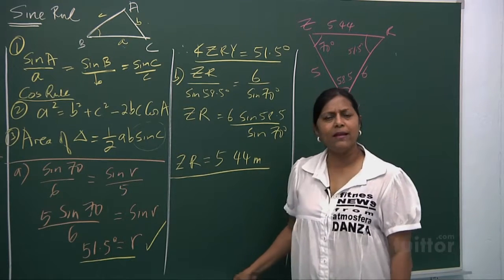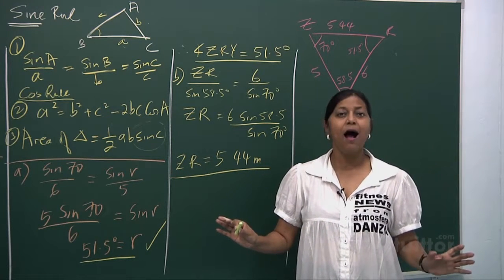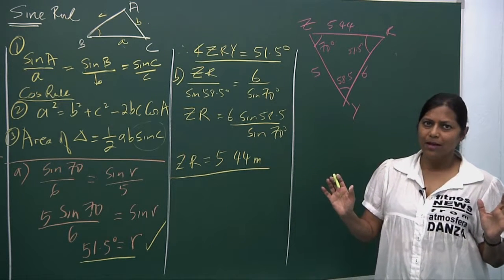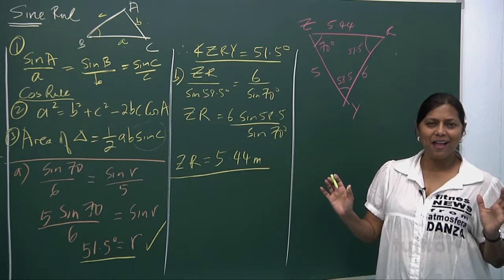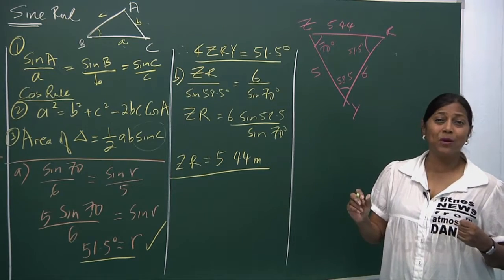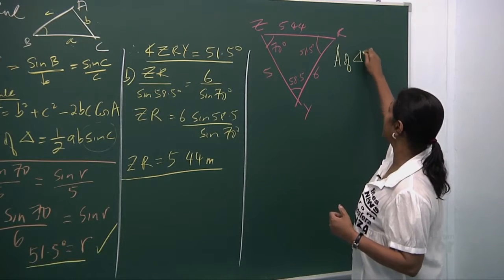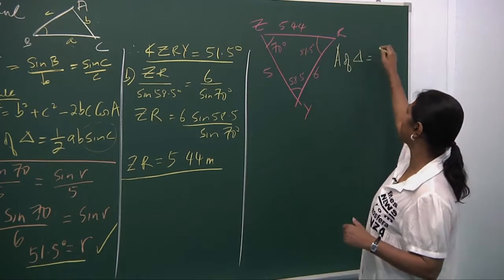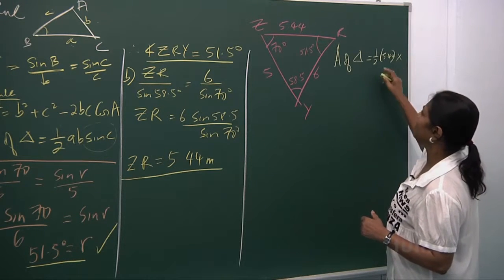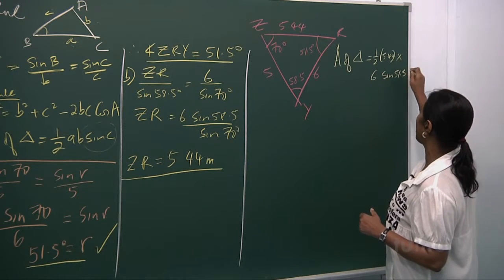In the area of a triangle, no fear. We just use this beautiful formula, half AB sine C. Get your calculator with you. Any one of them will do. If I take these two, the area of the triangle will be half AB sine C. Half of 5.44 times 6 times sine 51.5.